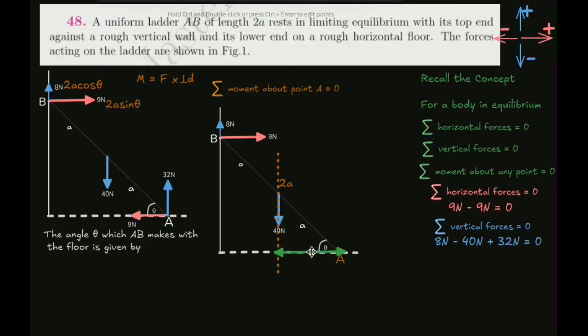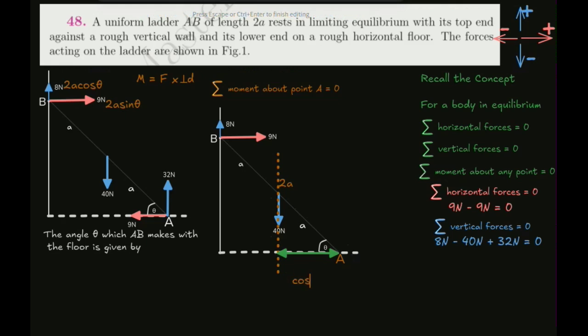Okay, so this is our perpendicular distance. So we have this small right angle triangle where our hypotenuse here is a and our missing side is this x, which is our adjacent.